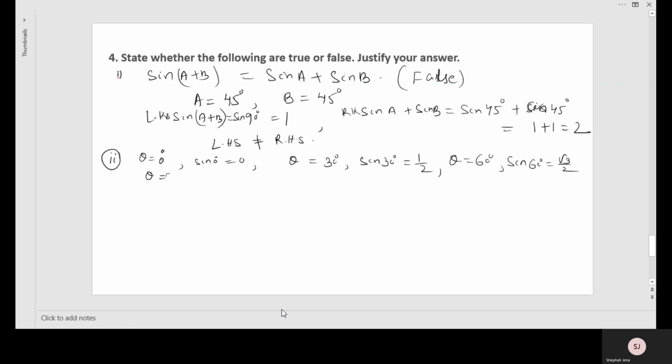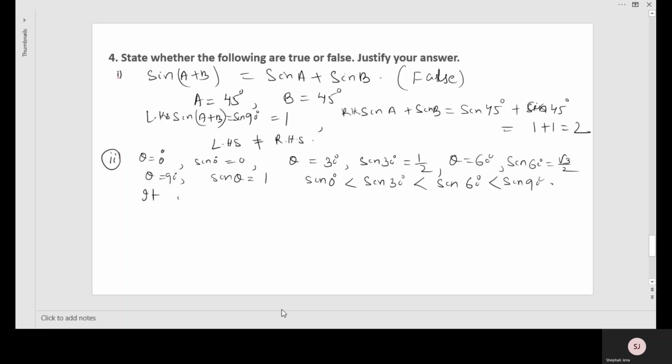If theta is 90, sin theta is 1. Sin 45 is also 1 by root 2. So sin 0 is less than sin 30, less than sin 45, sin 60, sin 90. That means it is true.